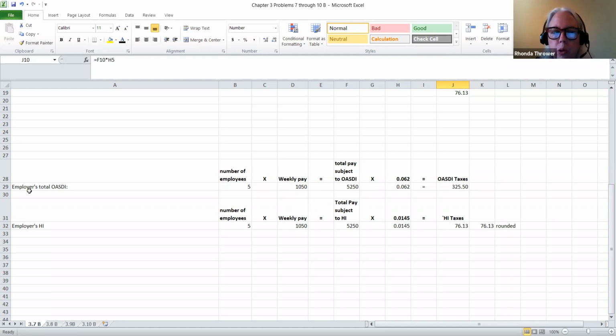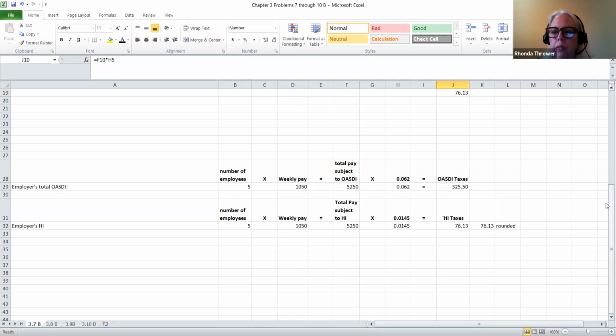So on the employer's share, you're going to take the total pay for that period for all of the employees and multiply it by 6.2%. The taxes that the employer has to withhold are $325.50. That's because they're withholding on all 5 of these employees. They have to match what each individual employee put in.